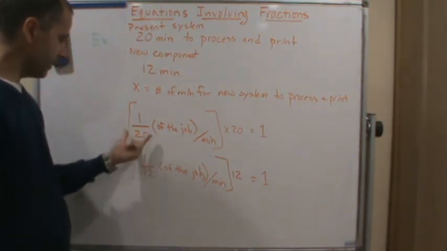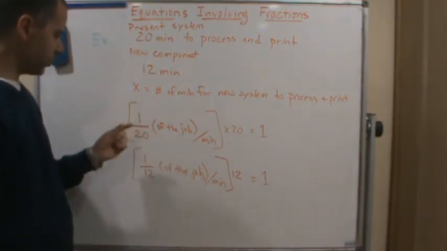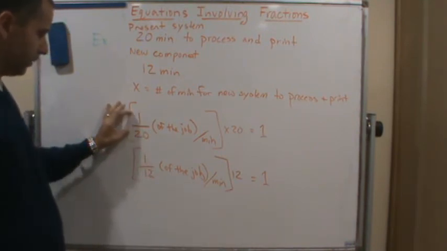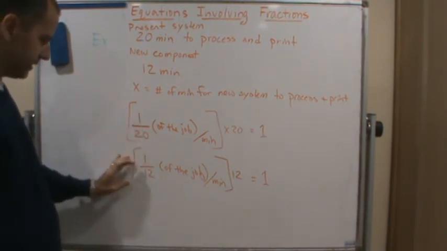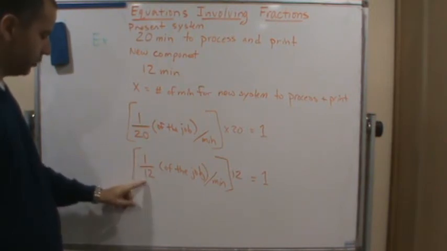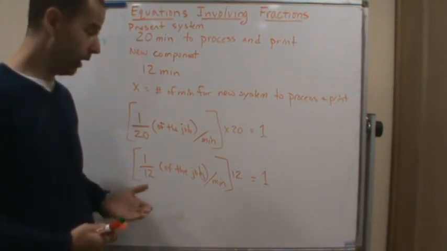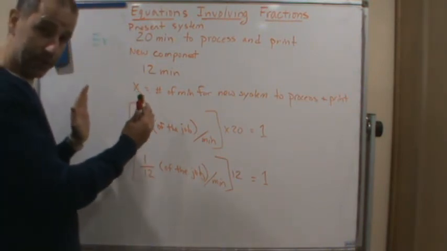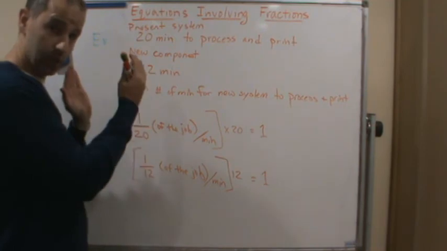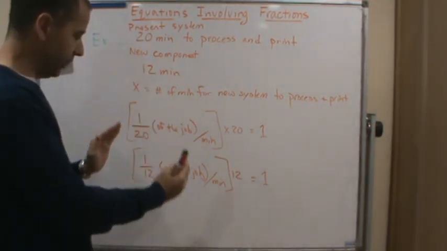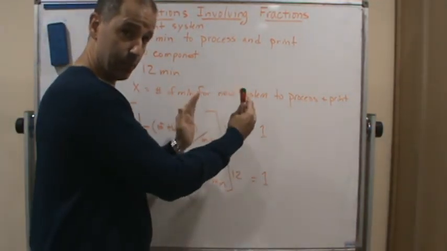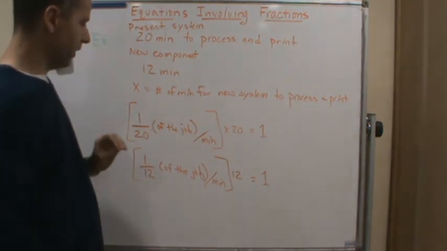So now let's use these rates. This is the rate that the present system works at, and this is the rate the new component works at. How much of the job is going to be done? The old system is going to do one portion of the job, and the other system is going to do the other portion. How do we find the portion of the job?